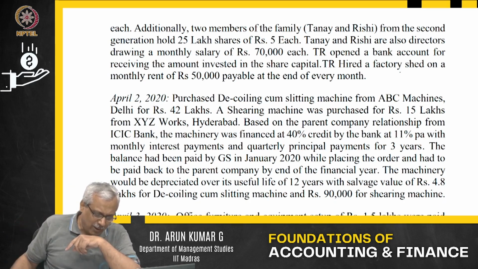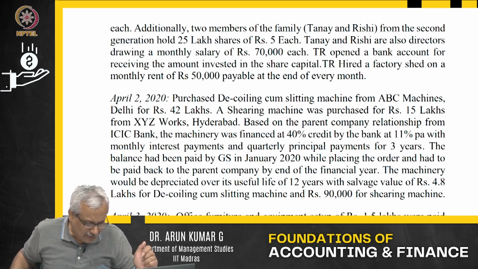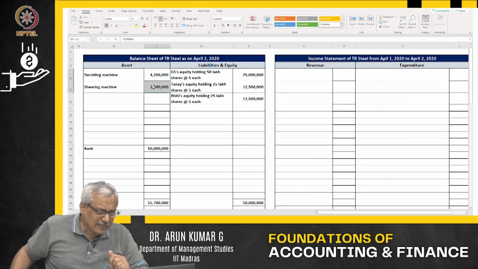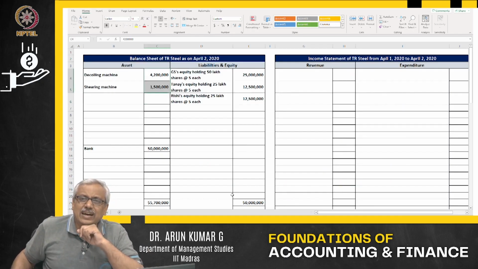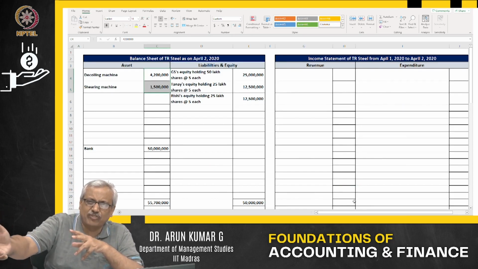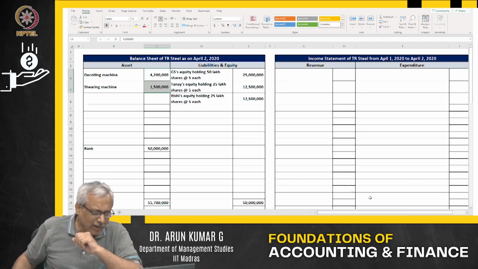Let us go back here. In this particular case, let's go back to the Excel sheet. 40% of the value of these 2 put together, you have financed it from a bank. You have taken a loan to the extent of 40% of the value of these machines and then bought these machines. So what happens?